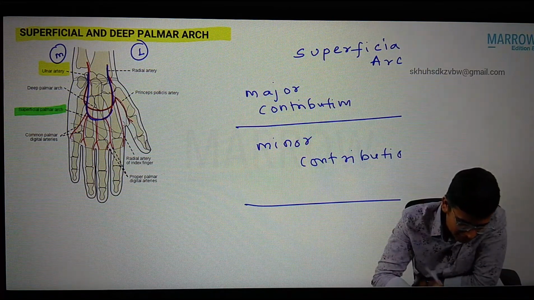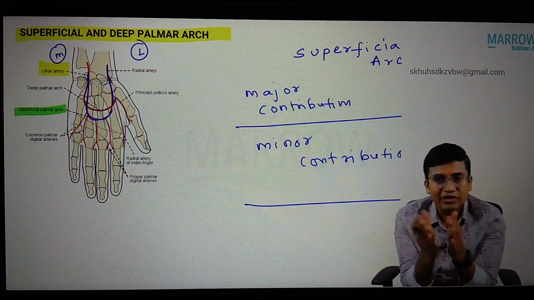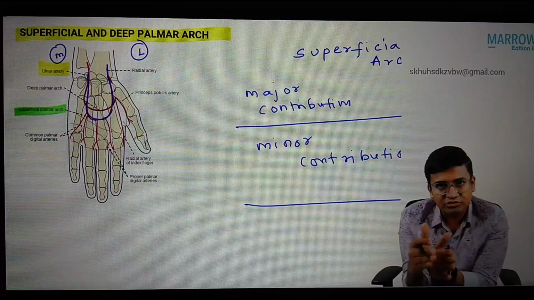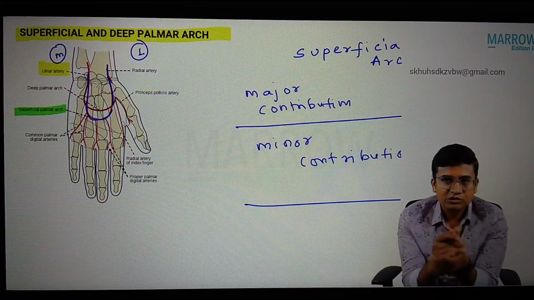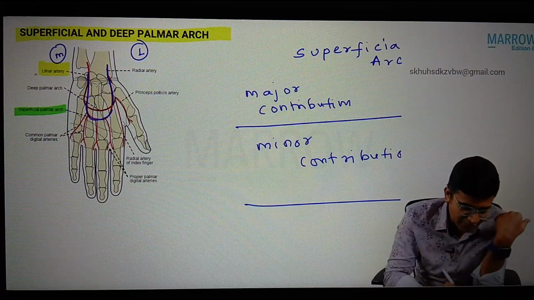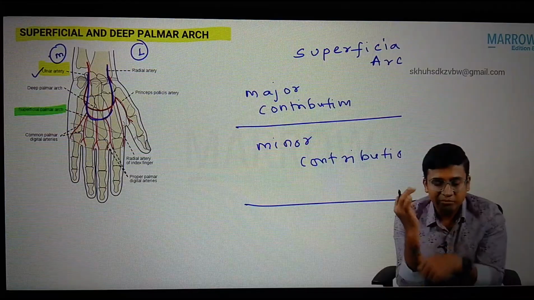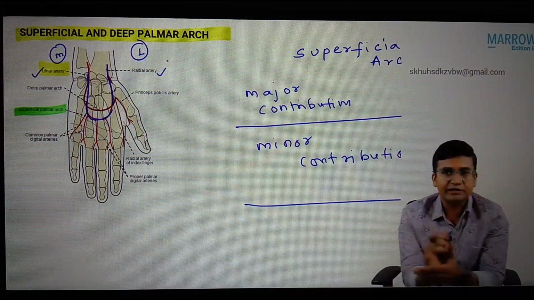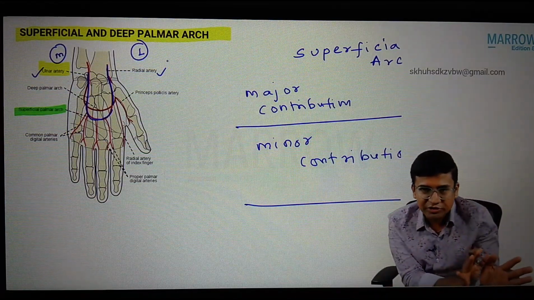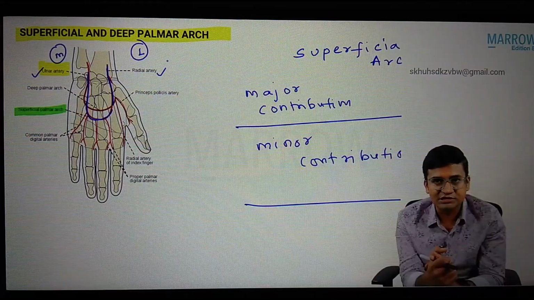So for each arch, we have a major contribution and a minor contribution. Superficial palmar arch: major contribution by the ulnar artery, minor contribution by the radial artery. So the ulnar artery continues directly as the superficial palmar arch.